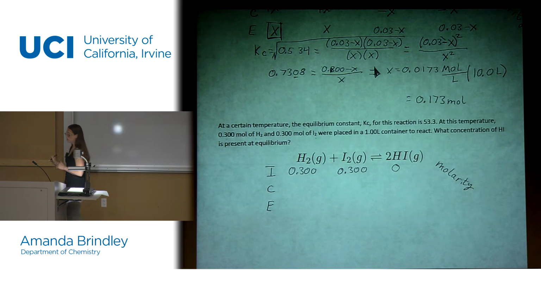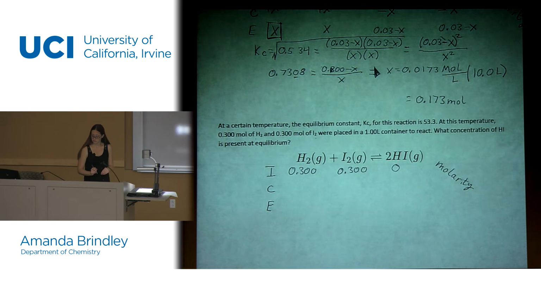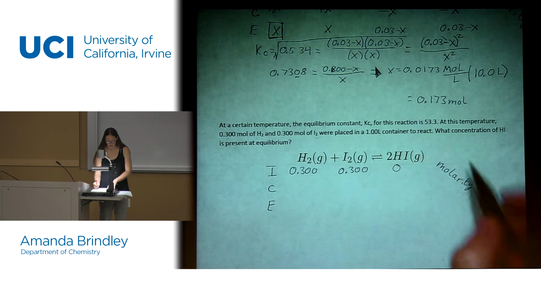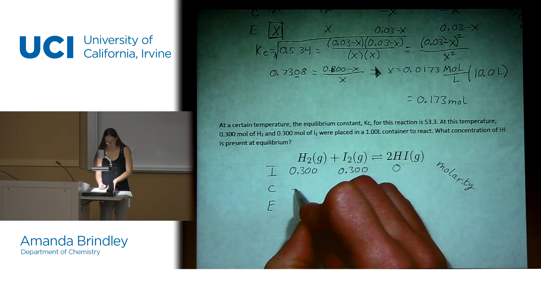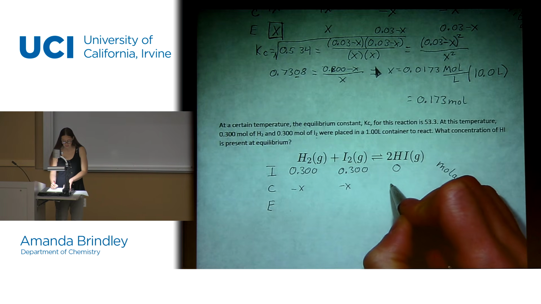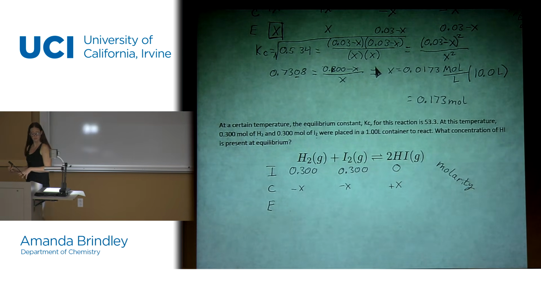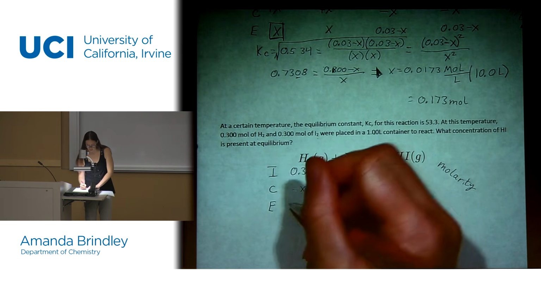We can add a little note about our units if we want. Now, we don't know any of our equilibrium values. So our changes, we're not going to know what they are. So over here we're going to do minus x because it's got to shift to the right because of that 0. And now we have our equilibrium values in terms.